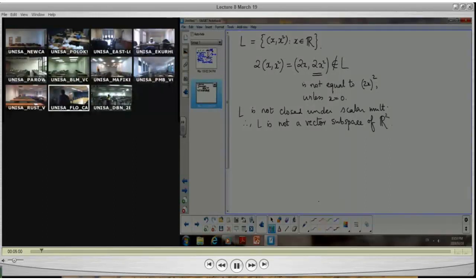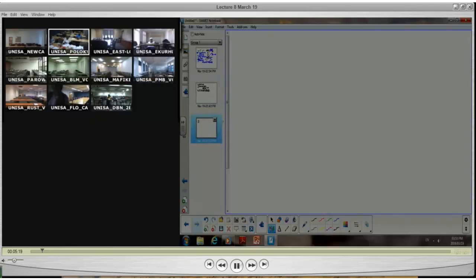But then, sir, how is P a vector space, the set of all polynomials? Good, but that's with its own addition and scalar multiplication.